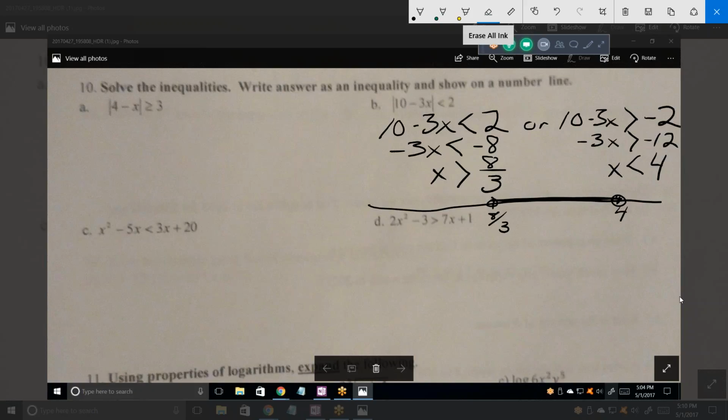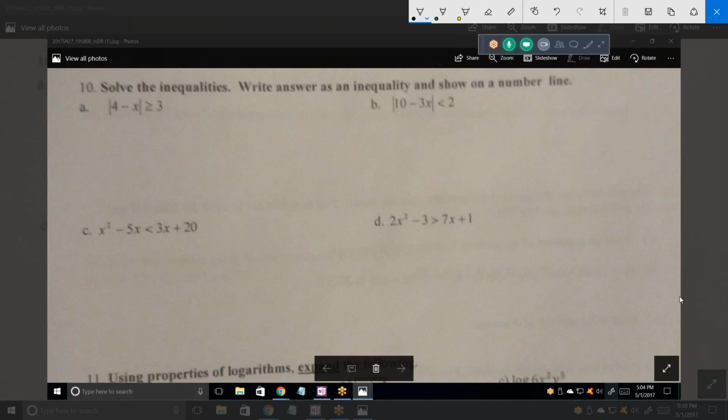Talk about the next one. These are a little tricky. The first thing you want to do on these is the same thing you would do if it was an equation. Turn it into a quadratic compared to 0.